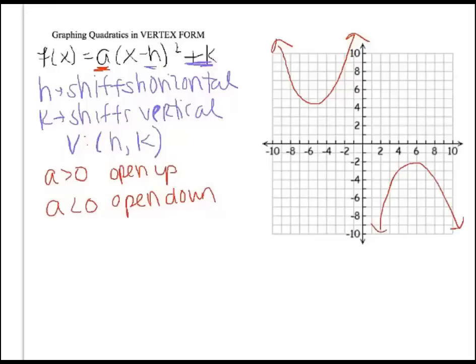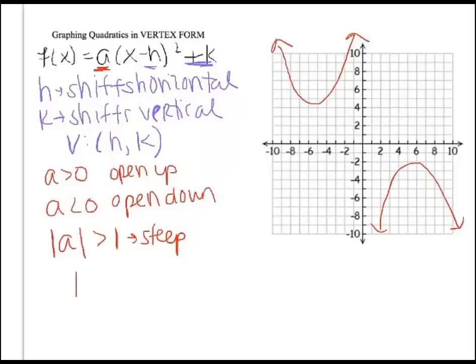Now, the a value also tells us how wide or steep our parabola is. Okay, now the absolute value of the a value will tell us that, right? Because obviously if a is positive, that means opening up versus opening down. A is negative. So if the absolute value of a is greater than 1, okay, then that's going to make the parabola steep.